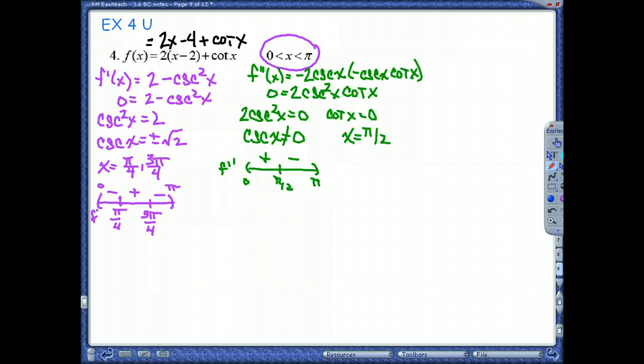I know you get tired of writing the sentences. I do too. My derivative is less than 0 from 0 to pi over 4 and 3 pi over 4 to pi. So f is decreasing on those same intervals.